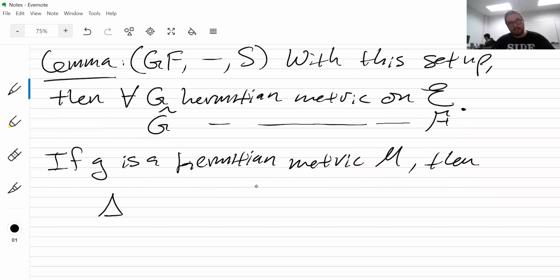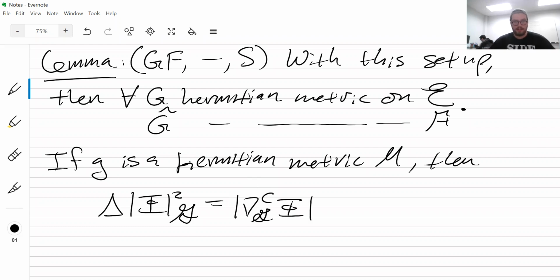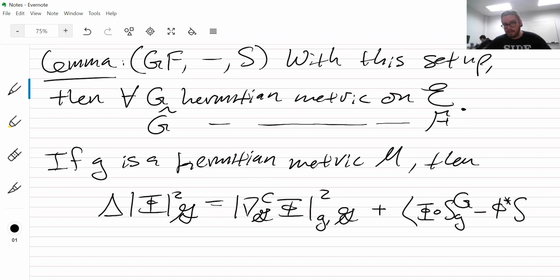The Chern Laplacian associated to little g of the norm of phi squared, taken with respect to what I'm going to call script g real quick, and I'll elaborate on what script g is in just a second, is going to be this nice positive term, the Chern connection associated to script g of phi squared, where the norm is taken in little g and script g, plus, it's a kind of funny term, SG capital G minus phi star SG G tilde composed with phi, taken in the script G norm.